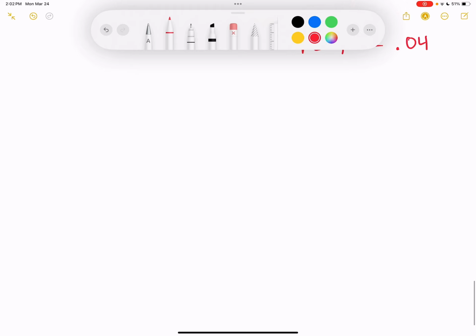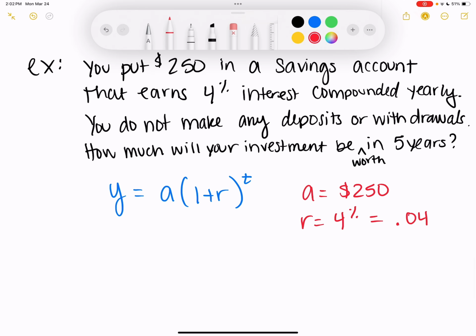So the other thing then that I need is t, because y is what I'm solving for. It's 5 years, so t equals 5. And I'm trying to solve for y. So y equals 250, and I don't need to put the dollar sign on it right now, times 1 plus r, which is 0.04, raised to the 5.